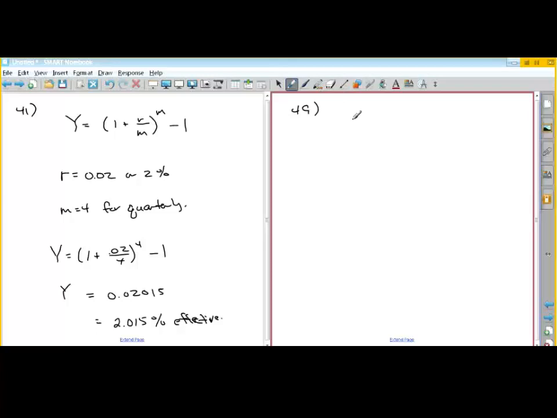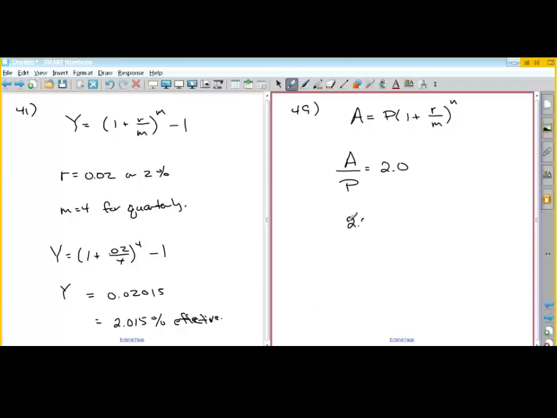So again, what we have is the present value is equal to the principal times 1 plus the rate divided by m to the n power. And what they're asking for is how long does it take for A over P to be 2, meaning we're doubling our money.